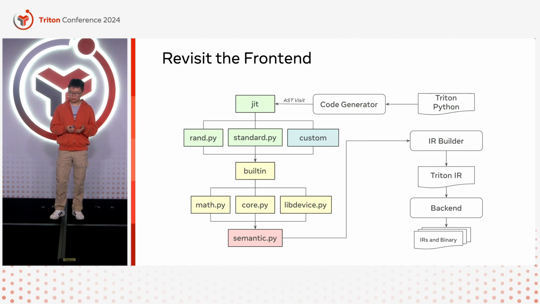In each Triton operation, we're going to go through a few semantic checks and match it with the core Triton operation. Then each core Triton operation will be lowered to Triton IR by an IR builder.